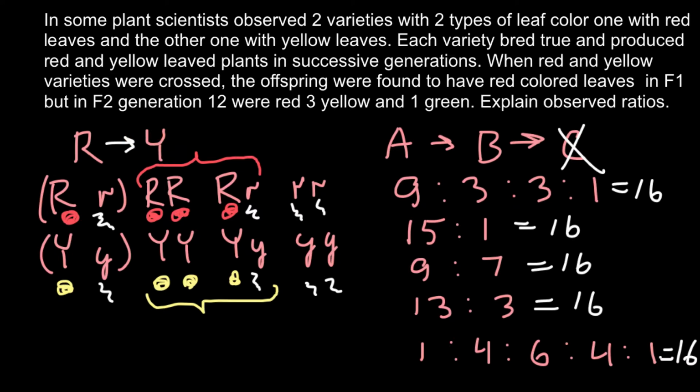So once again, if we return to our problem, we are told that when red and yellow varieties were crossed, the offspring were found to have red colored leaves in the F1 generation. And this is what happened here.